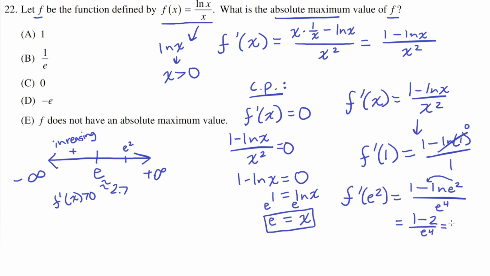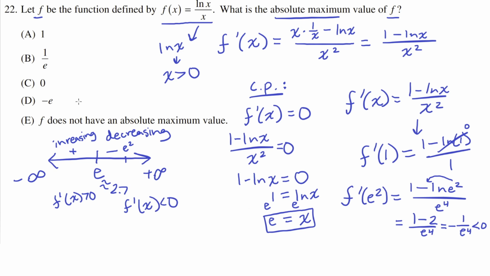This equals negative 1 over e to the 4th, which is less than 0, because the numerator ended up being negative, and e raised to the 4th power is just some positive number. So on the right-hand side we are decreasing, because f prime of x there is less than 0. The value of the derivative, the slope of the tangent, is less than 0.